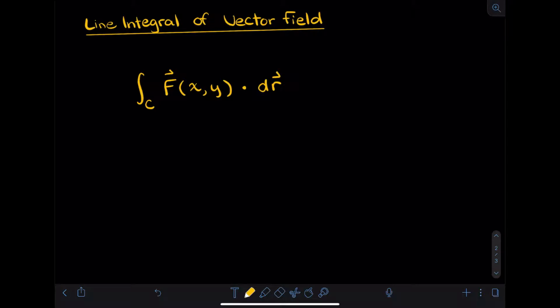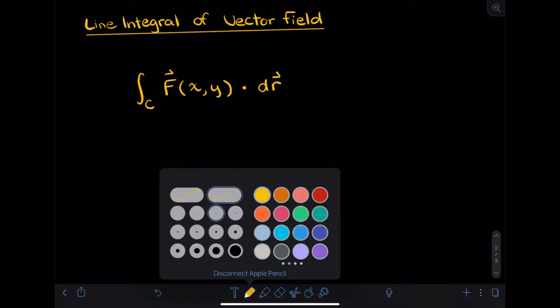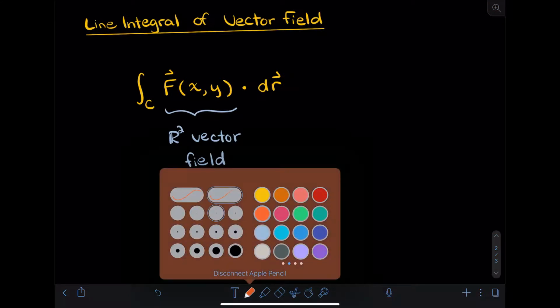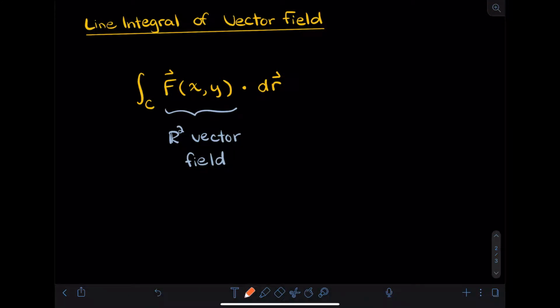I'll explain what that dr means, but I want to go piece by piece. So let's just recap here. This is going to be an R2 vector field, because we have the two variables there. I want to talk about C first, and then we'll go back to the dr portion.